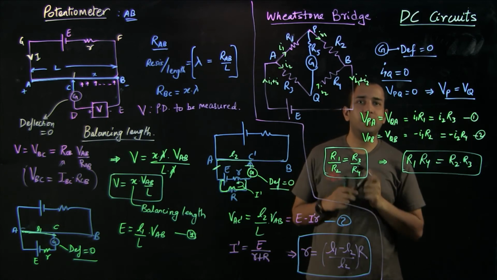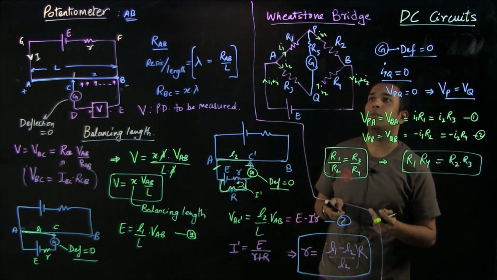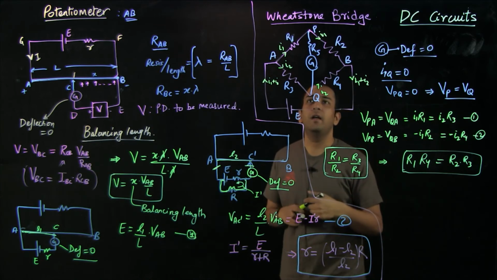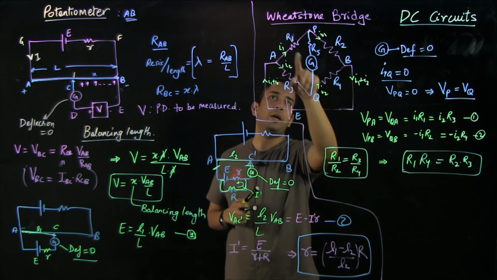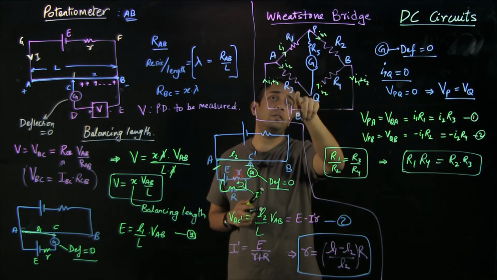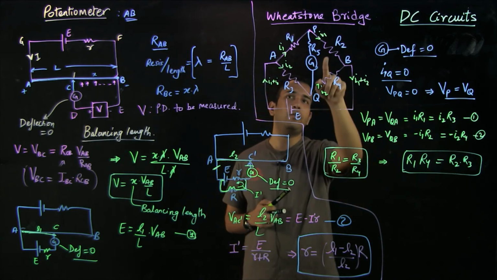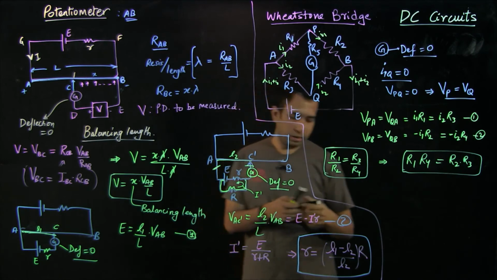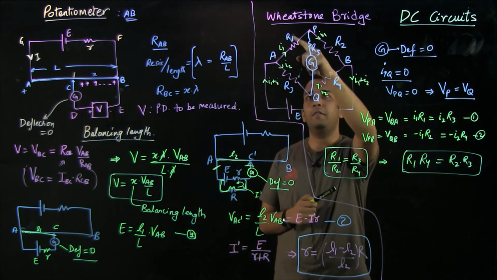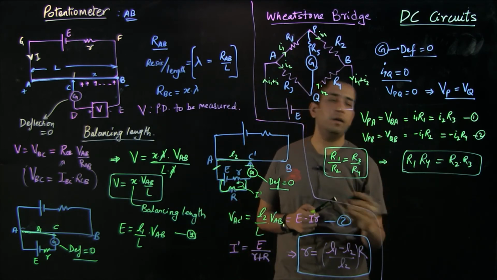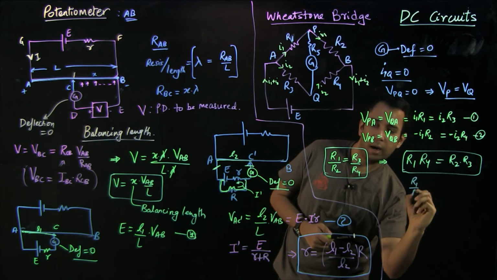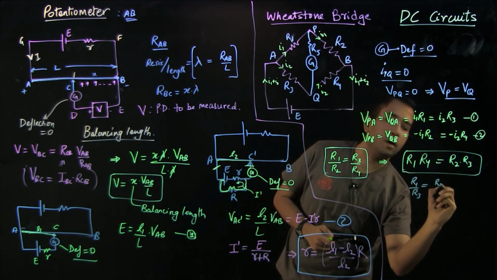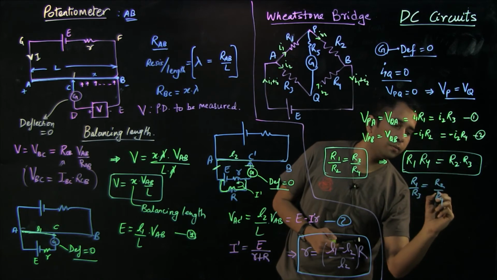An easier way which I generally use to remind myself is that it's the multiplication of the diagonals, like R1 into R4 is equal to R2 into R3. Similarly, one can also use the division of the same-side resistors, so R1 by R3 equals R2 by R4.